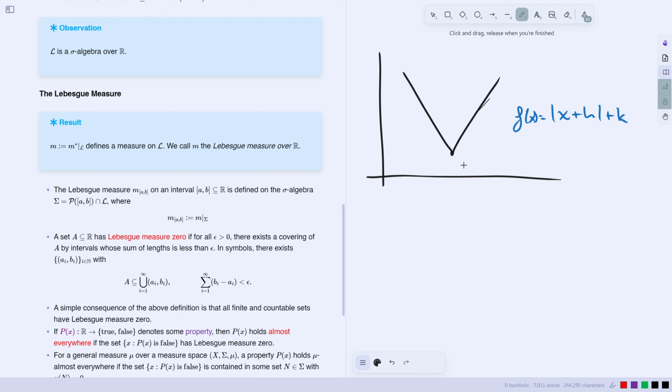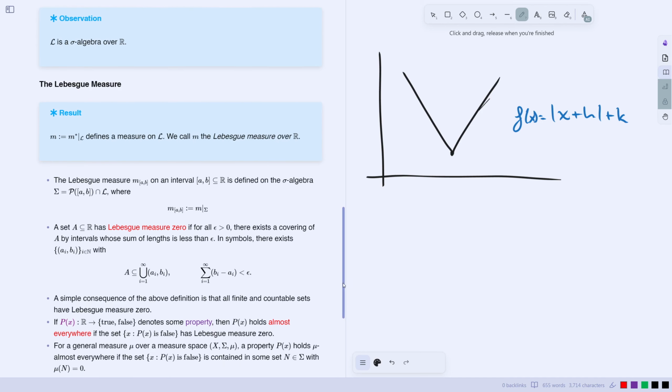So in this case, our property is p of x: if I input x, it outputs whether or not my function f is differentiable at x. The set of real numbers where that property is false is precisely the set of real numbers where f is not differentiable. That's what we mean by that.